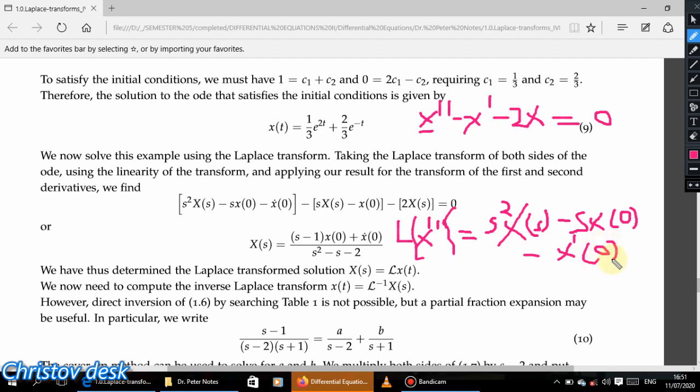All right, then you have to know the Laplace of x prime. So Laplace of x prime is just s times capital X of s minus x of 0. And the Laplace of x is capital X of s.